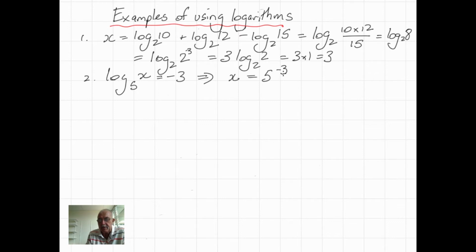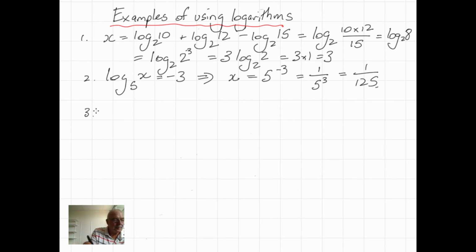This is like the second line of the definition I gave you, and you're going back to the first line. Raised to the power of -3 is 1 over 5 to the power of the positive 3, and 5 squared is 25, 5 cubed is 125, so x will be equal to 1 over 125.